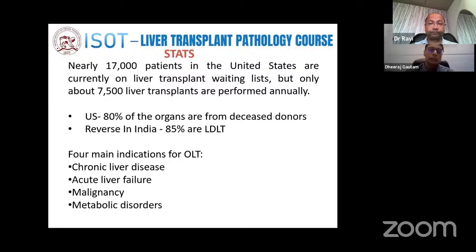In US, around 80% of organs are from deceased donors, and in India, initially it was 85%, but now around 70 to 75% are LDLTs. So the 4 main indications of liver transplant are chronic liver disease, acute liver failure, malignancies, and metabolic disorders.